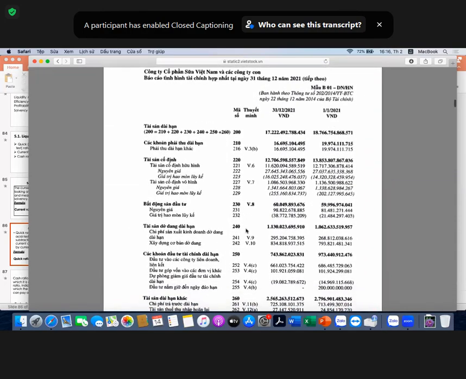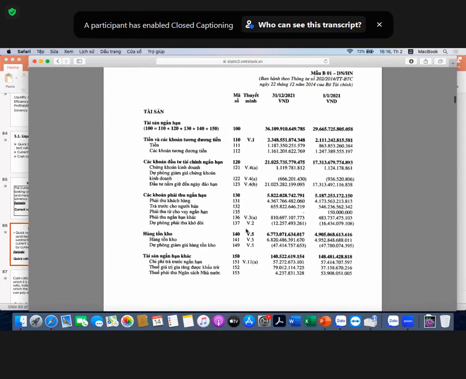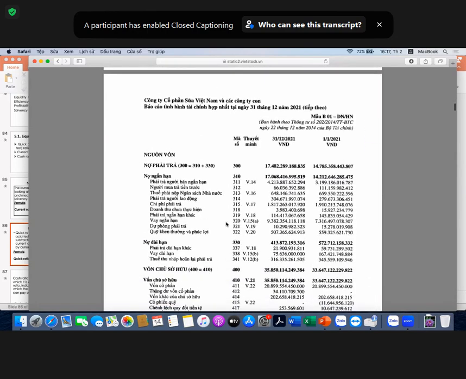So now, in order to calculate the quick ratio, you have to take the current assets minus inventory. It means you have to take the figure of the current assets minus the figure of inventories, then divide by the figure of current liabilities.